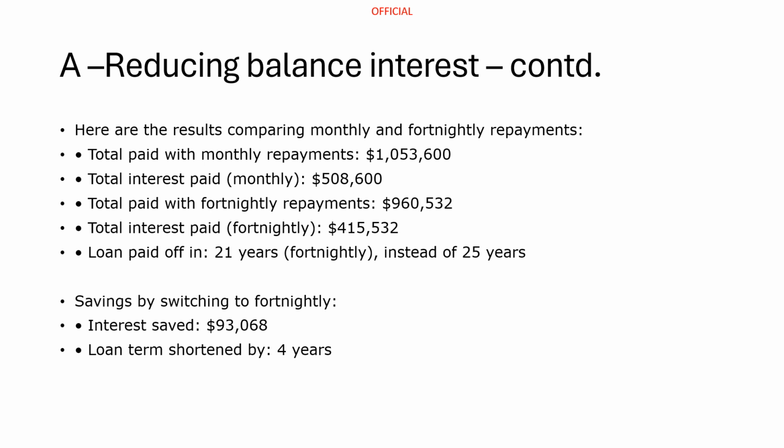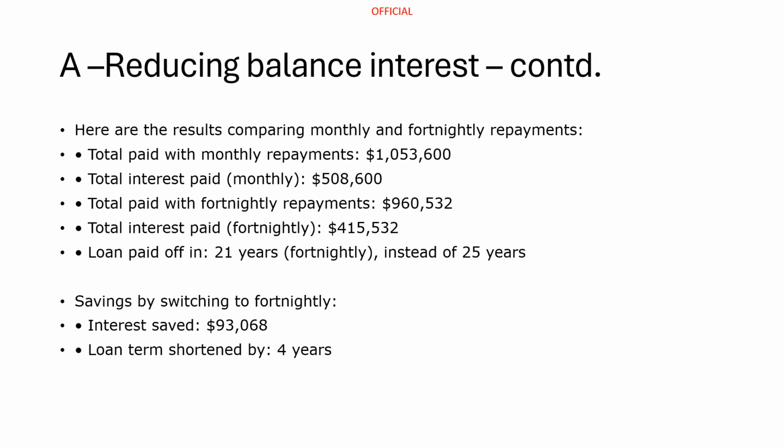So there are more details in here, more calculations that you can compare for monthly and fortnightly repayments. If you paid monthly, it would be $1,053,600. But if you paid fortnightly, the repayment amount would be only $960,532. The interest you will end up paying is only $415,000.